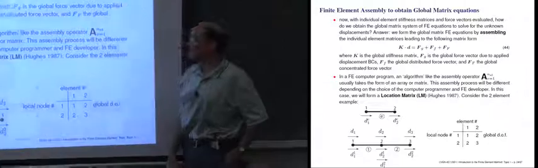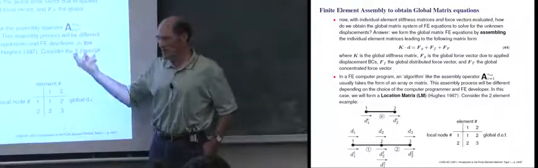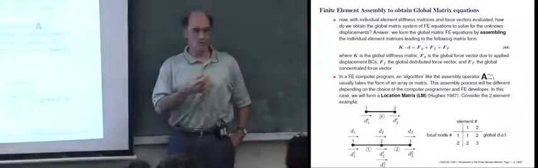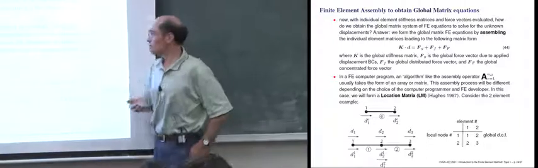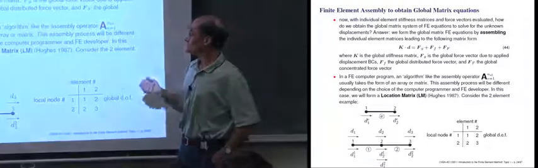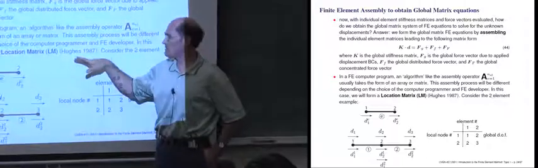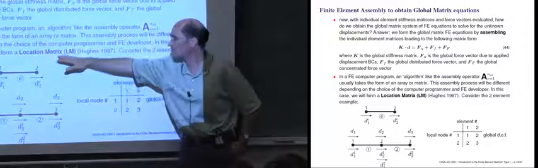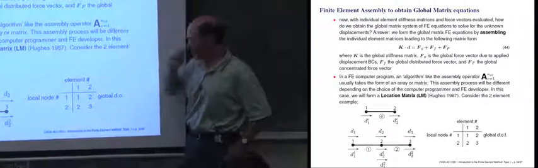So we want to talk about this operator A, this assembly operator. I'll just say that there are various ways of doing this. This is algorithmic, so you can imagine that there are various algorithms that you might come up with, and you may be more creative than what we're going to talk about today. But just to, let's say, have some background for some more traditional finite element treatments of this assembly operator, we're going to consider something called the location matrix, LM by Hughes, and that's what we're going to talk about now.